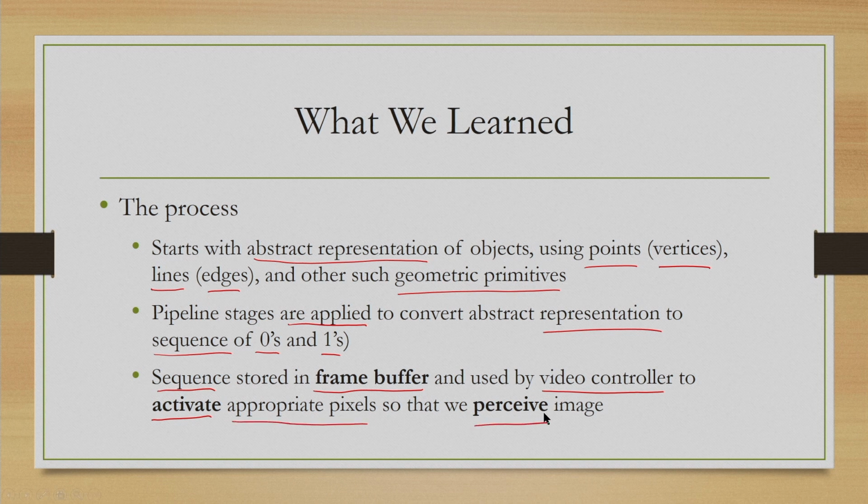That is the whole process. We first define some objects, or in other words we define a scene, then we apply the pipeline stages on this definition to convert it to zeros and ones, and then these zeros and ones are stored in a frame buffer. The frame buffer values are used by the video controller to activate appropriate pixels on the screen to give us the perception of the desired image.